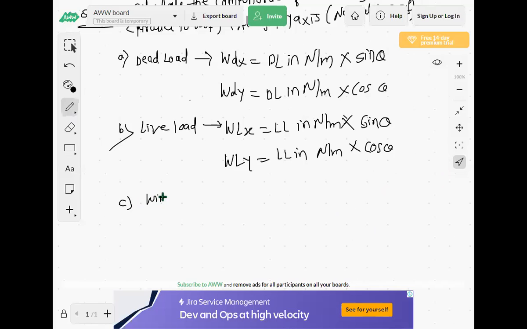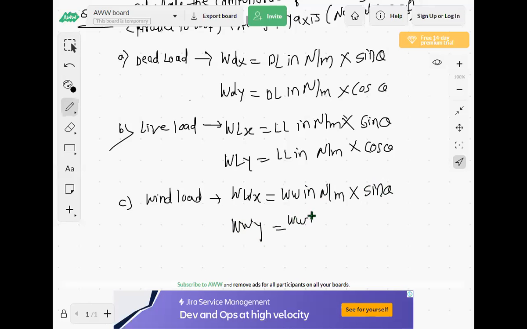Similarly, wind load: WWX. Wind load in x direction is WW in Newton per meter into sine of theta, and WWY is equal to WW in Newton per meter into cos of theta.